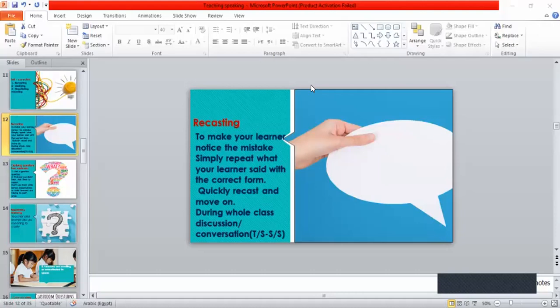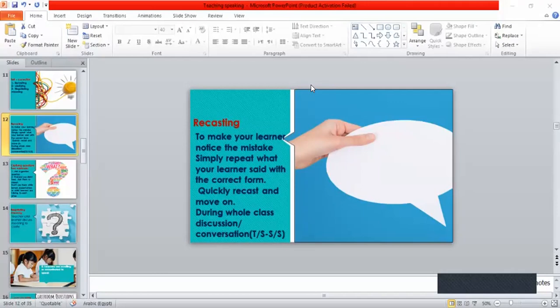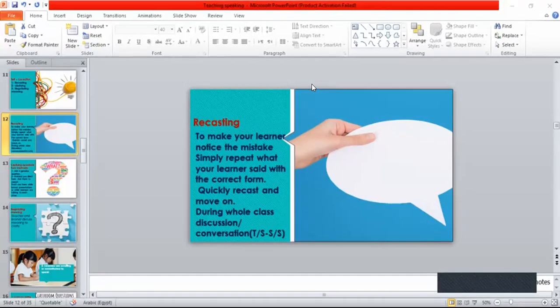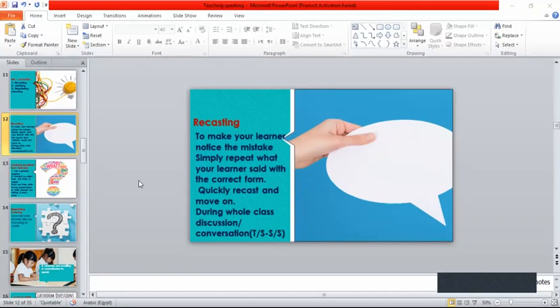So just keep speaking and repeat the sentences with the correct form and move on, without interrupting the learners and saying please stop, pay attention, you have a mistake here. No, because here we want them to speak fluently. Okay, this is the first technique.